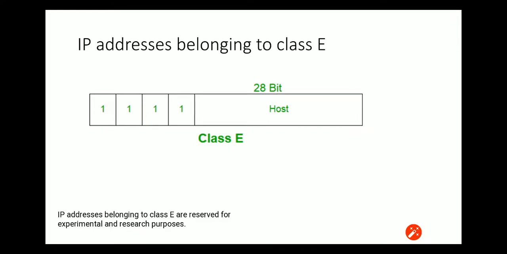Now the last class is class E. IP addresses belonging to class E are reserved for experimental and research purposes.